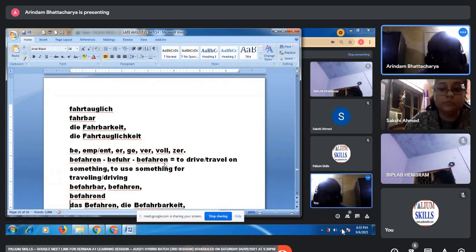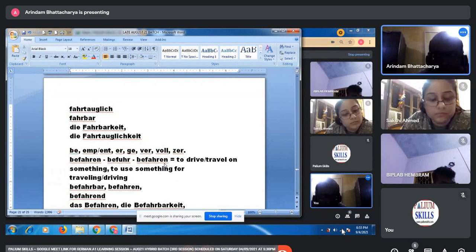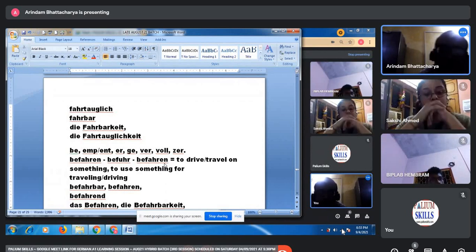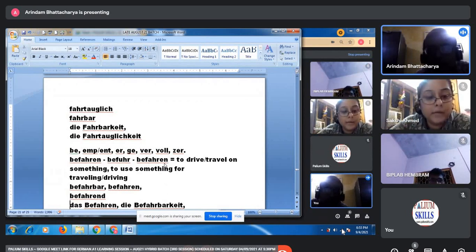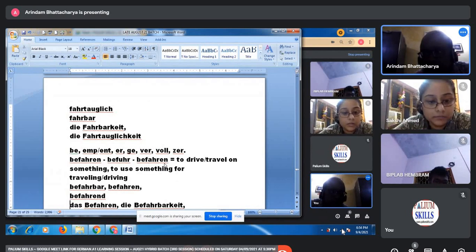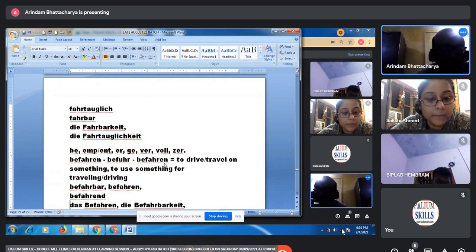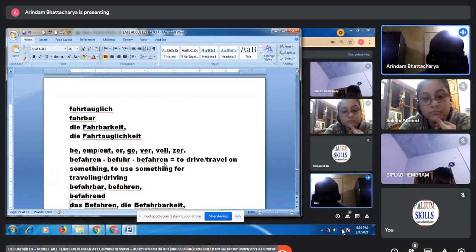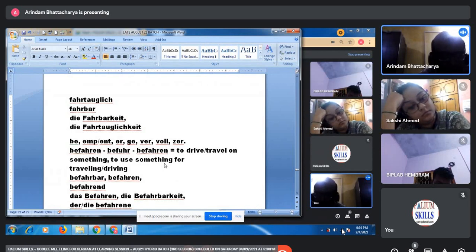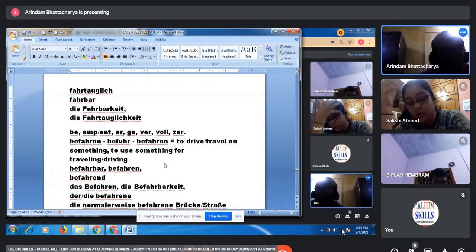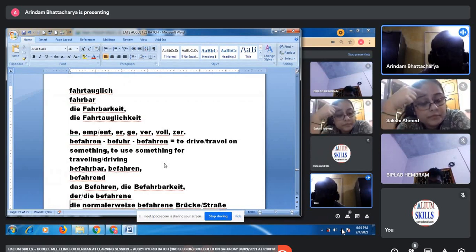Befahren, befuhr, befahren means to drive or travel on something, to use something for traveling or driving. Fahrbar means the place that can be traveled. Befahrbar means drivable. Befahren, die Befahrbarkeit.